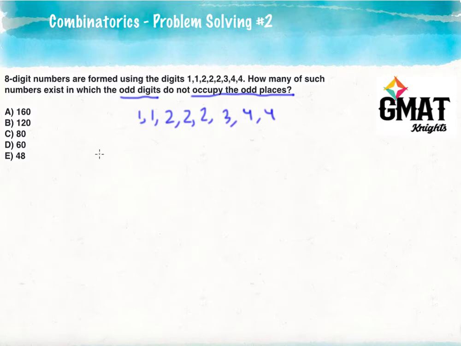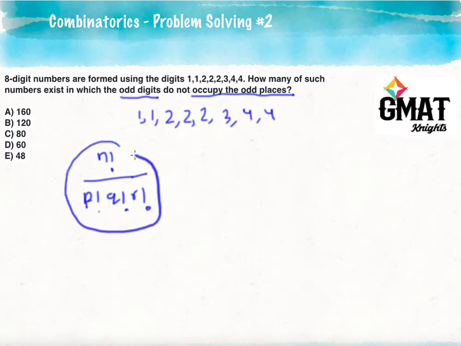Then the number of ways of doing so is n factorial upon p factorial multiplied by q factorial multiplied by r factorial.